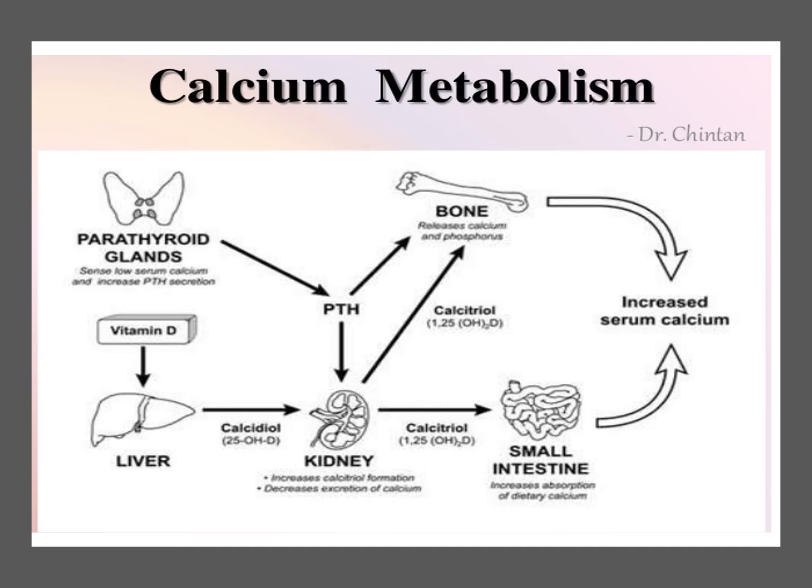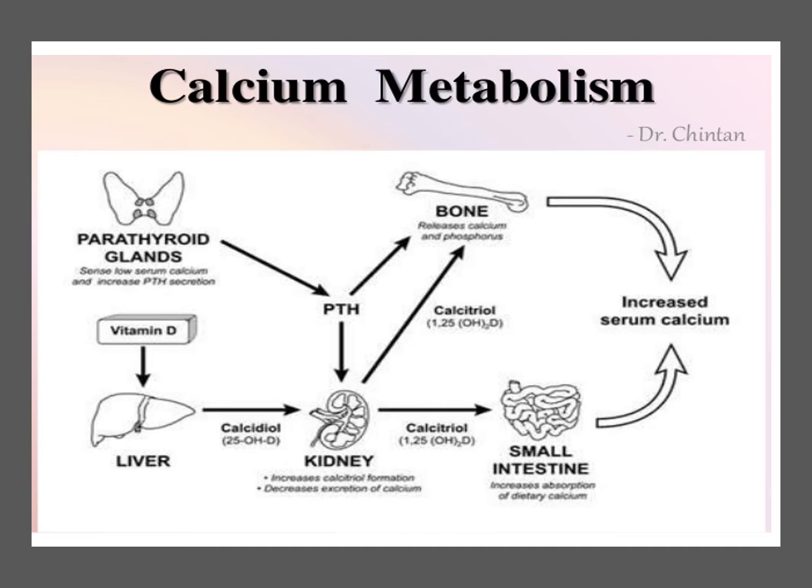When it goes from the skin in the setting of sunlight, UV light, that's what produces it in the skin. It circulates in the bloodstream, ends up in the liver, and then becomes calcidiol. The liver processes it. And finally, calcidiol in the kidney will become the active form of vitamin D called calcitriol.